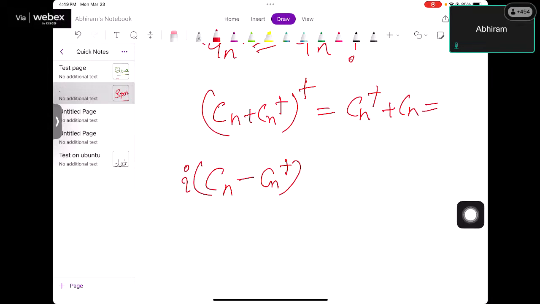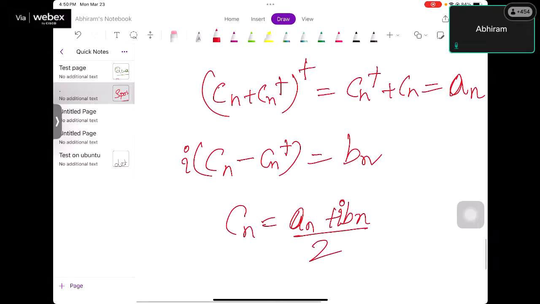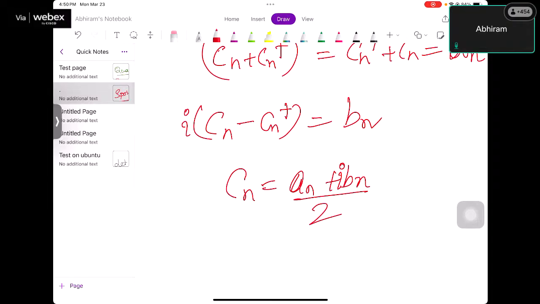Let us call them An and Bn. Then Cn is equal to (An plus iBn) divided by 2, and Cn dagger is (An minus iBn) divided by 2. An and Bn have the property that An dagger is equal to An and Bn dagger is equal to Bn.